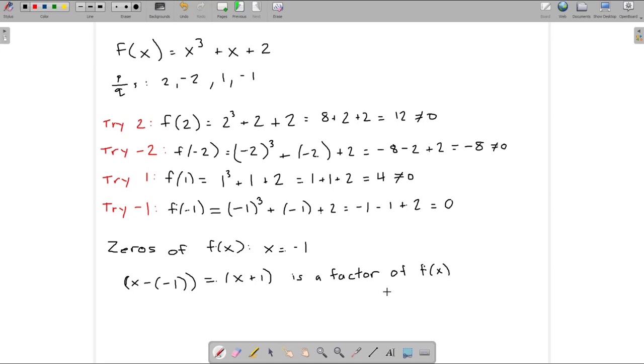And so since we have that information, why don't we use polynomial division or synthetic division to factor this out of our polynomial? And I'll do both just to show you guys how that works.